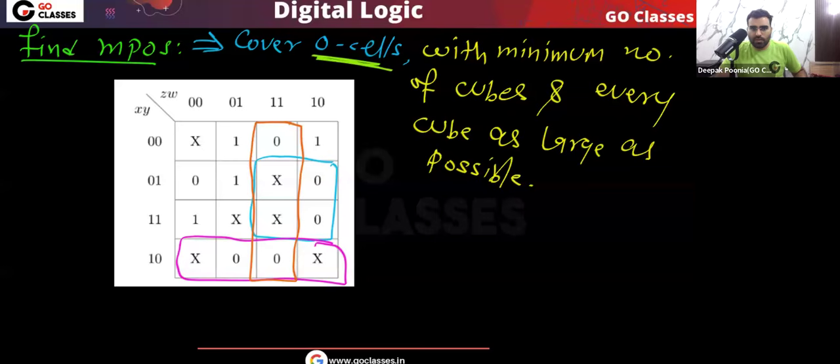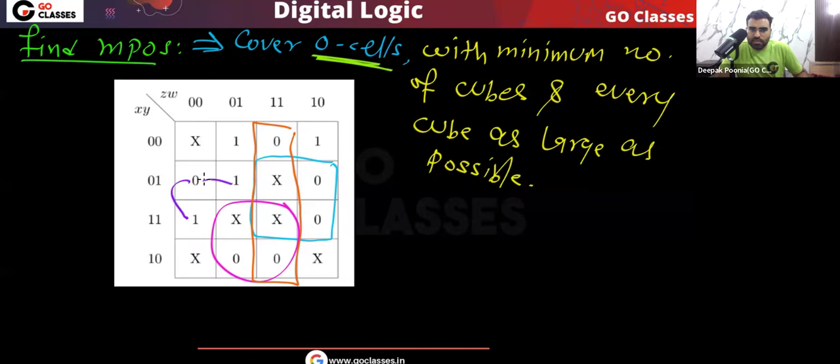Okay, what else? Did I cover all the zeros? Here, this zero I did not cover. From this zero's point of view, this is a useless neighbor, so there are two useful neighbors. With the help of these two useful neighbors, if I try to create this cube, I cannot do that because here this one cell we would be covering.